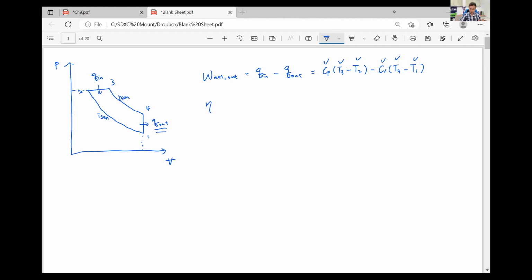And efficiency is net work output over Q in, okay. This is efficiency.